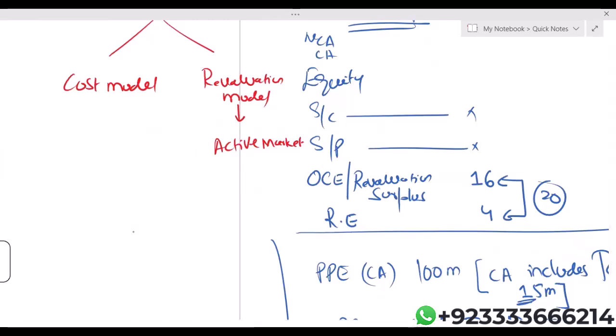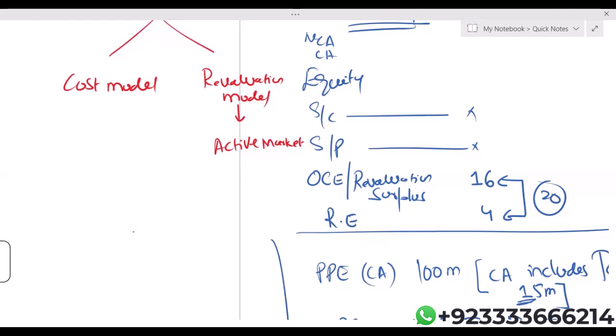When your intangible asset is in the research phase, then according to IAS 38, expenses incurred will be expensed out. But after the research phase, when the development phase starts, there are certain conditions.